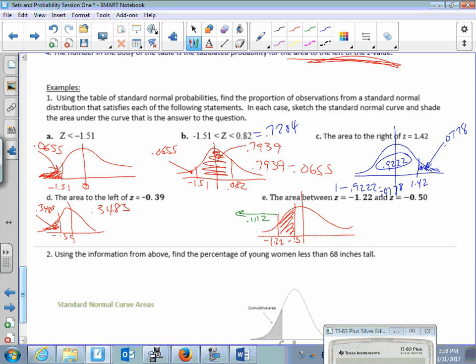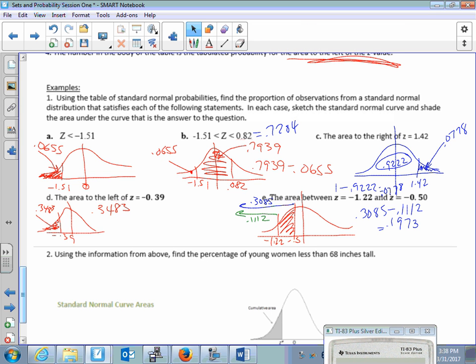So from here on over is 0.3085. So the shaded region would be 0.3085 minus 0.1112, which is 0.1973. All right, I'm going to stop this video and start another one with example 2.